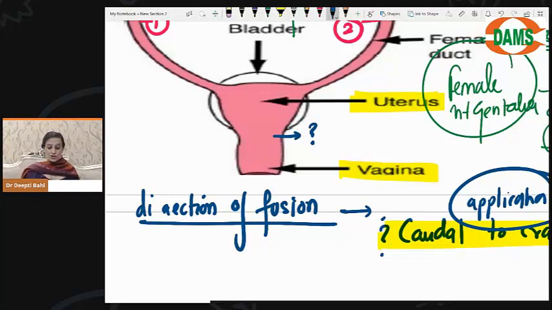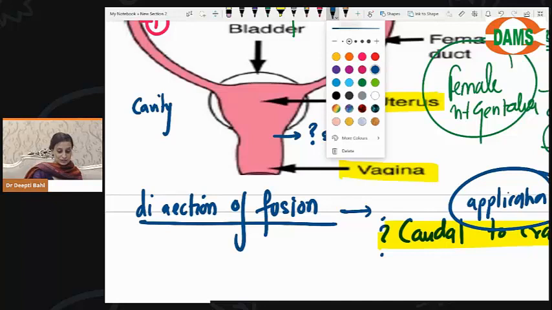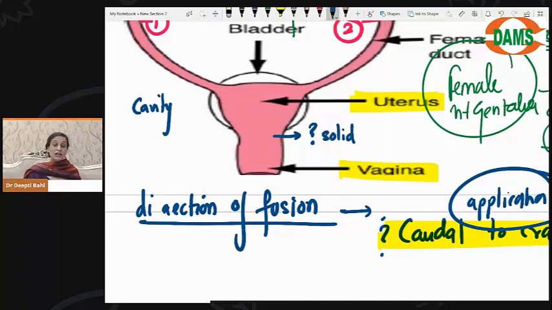The interesting thing that you can see here is that as of now, we have made the uterus a solid organ. I haven't shown any cavity here, which means when the uterus is formed initially, there is no cavity in it. Cavity formation in the uterus will happen later.